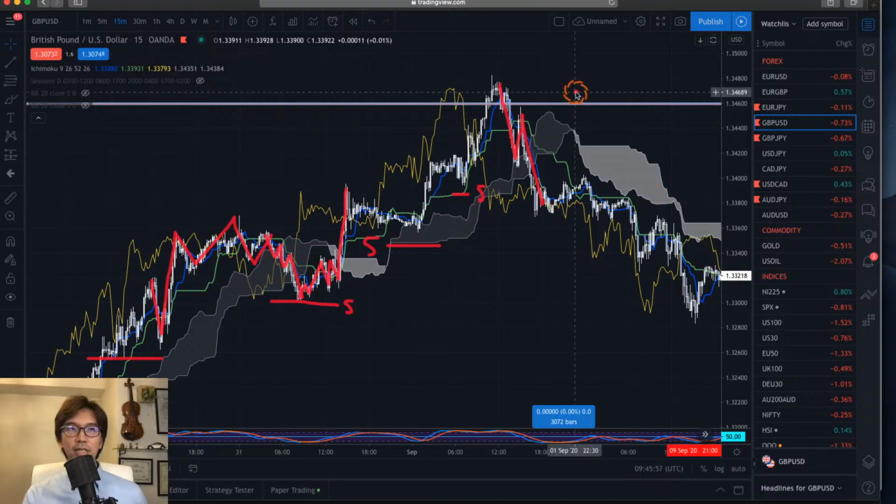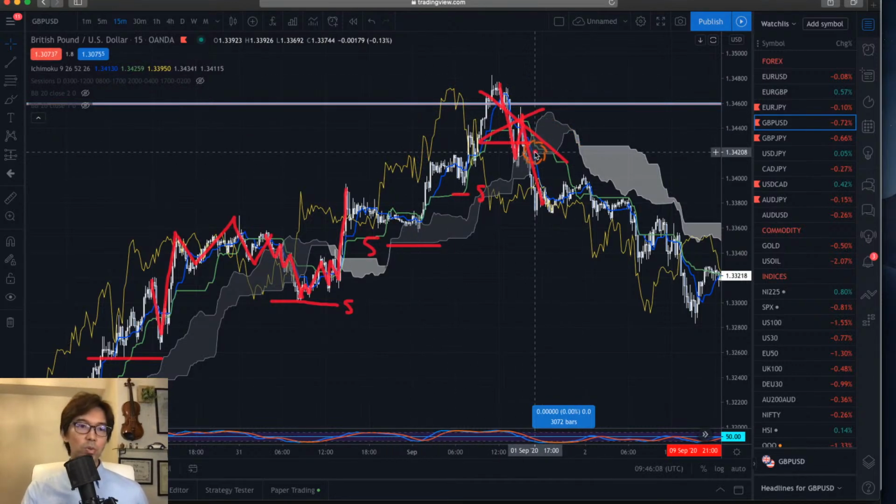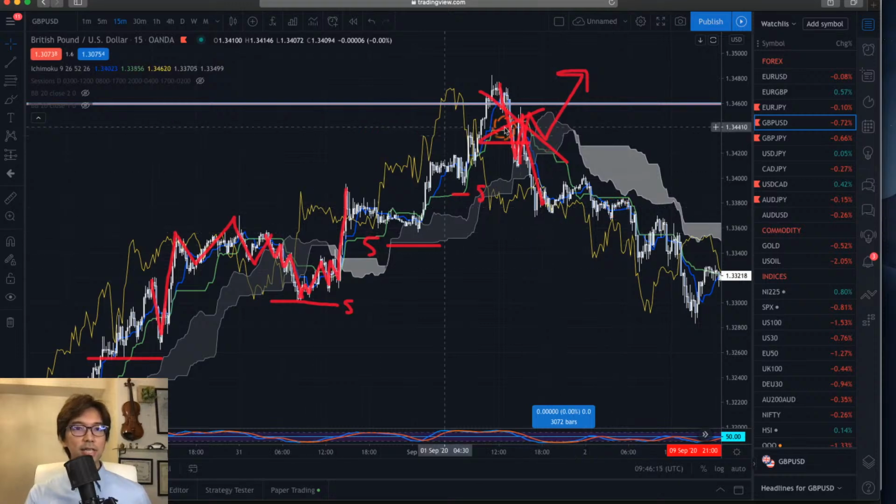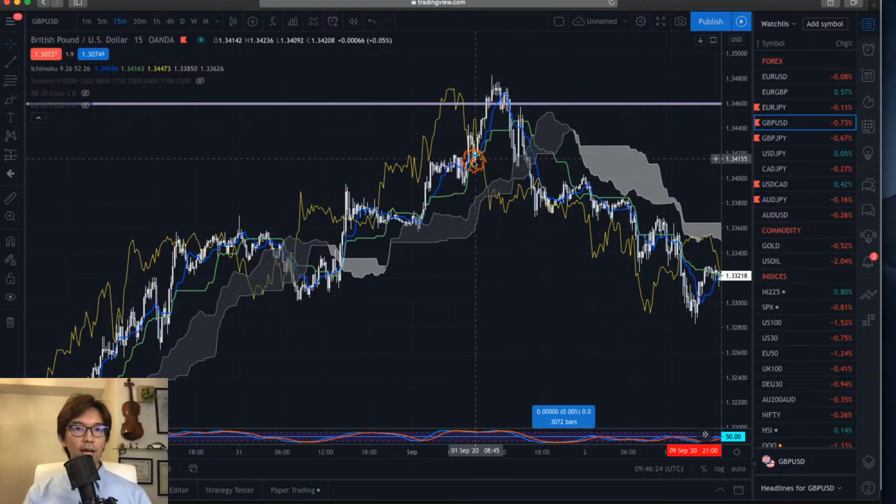I'm not really thinking to exit here in this part, because this might become a head and shoulders, and it did actually become head and shoulders, but we never know. The market might turn bullish in the wave, and it can go up this way. And we saw this market afterwards, so we all know that this was a reverse. But when we actually see the real market, we might still think that this is still moving up, this is a pushback here, so the market can still go up.